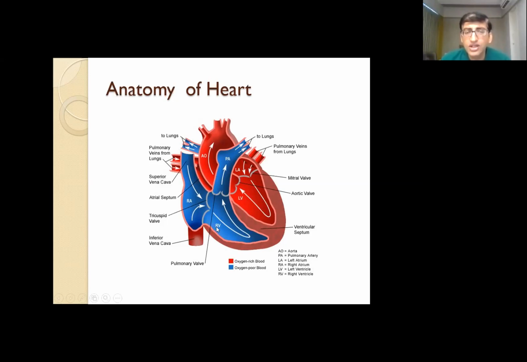This deoxygenated blood goes into the pulmonary artery, into the lungs, where the blood gets oxygenated, and this oxygenated blood returns to the left atrium through 4 pulmonary veins, 2 on the right side and 2 on the left side. From the left atrium, this oxygenated blood is ejected via the left ventricle through the aorta into the whole body, which is the normal circulation of the human body.